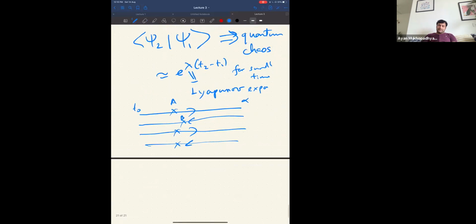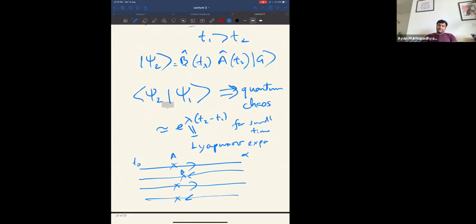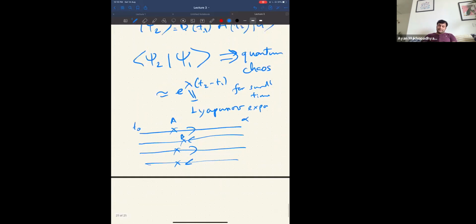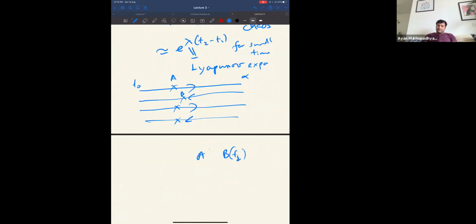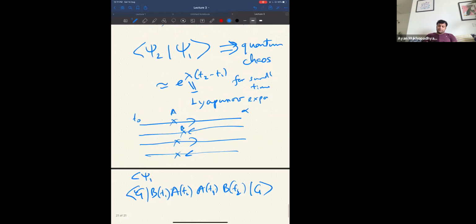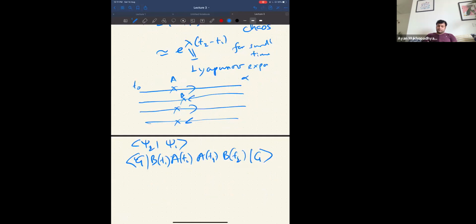So you see that if I take psi1, psi2, I can then see it is first BT2, AT1, and then I have AT2, BT1, right? The ground state and ground state. So this is equal to psi2, psi1, right?